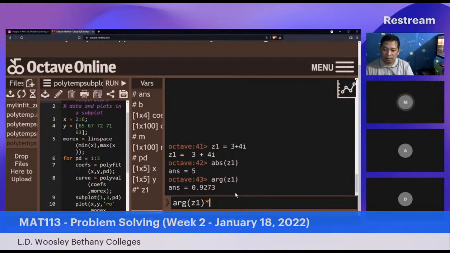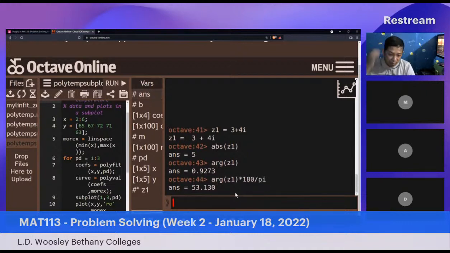Multiply by... (180/pi), sir. Yes, okay, good. 180/pi. So approximately 53.13 degrees. Correct.